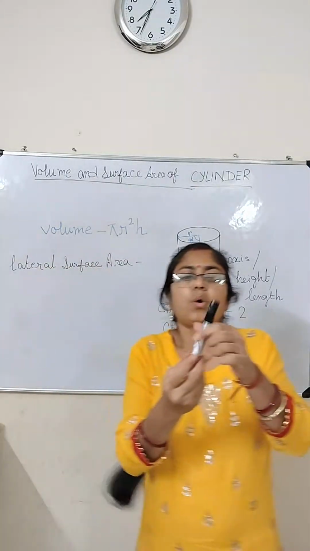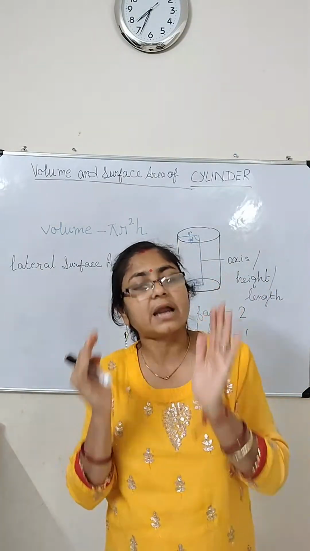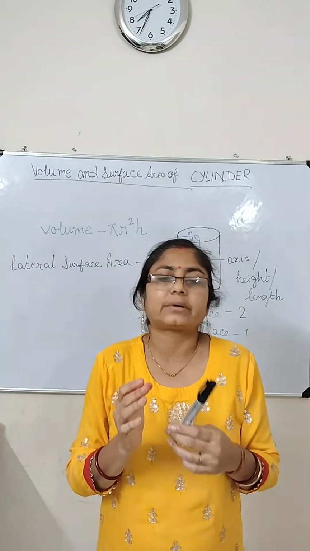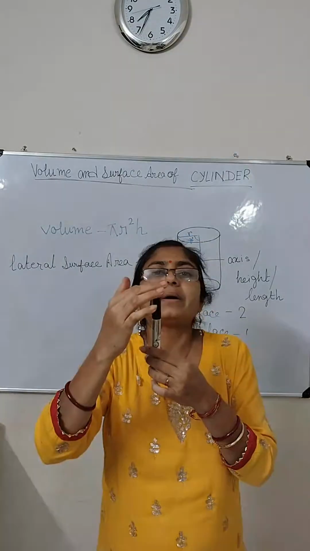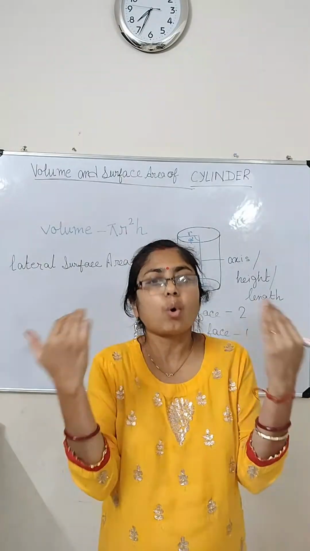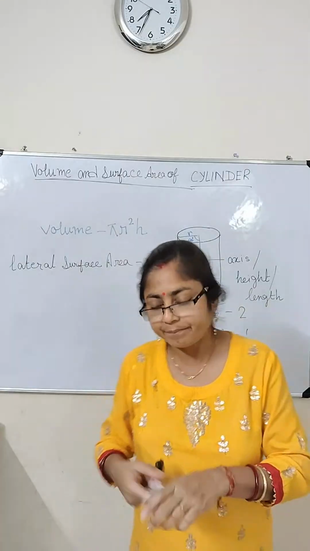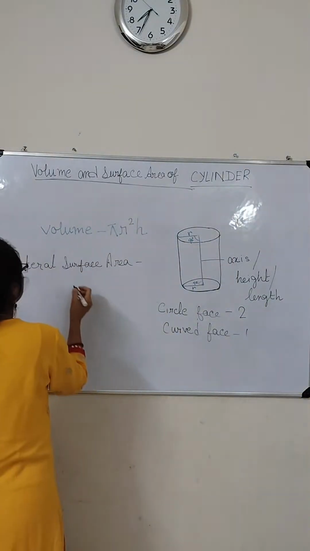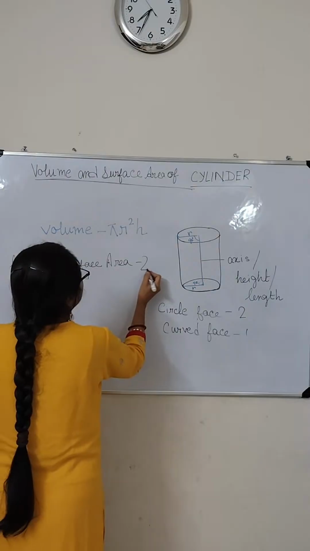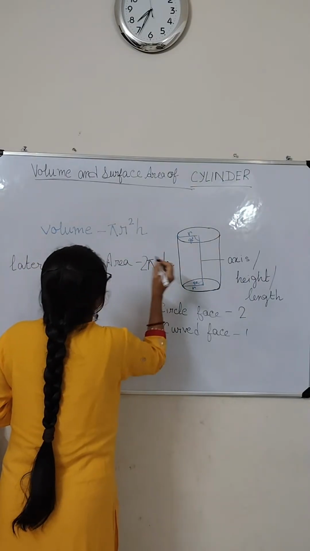It means only this border part is called the lateral surface area. In the lateral surface area, the upper and lower circles are not added. Lateral surface means only the outermost side, only the outer part. Okay. It is 2 pi rh.